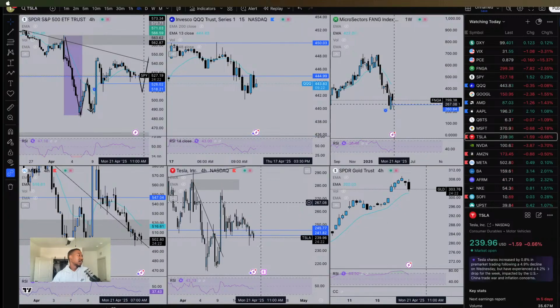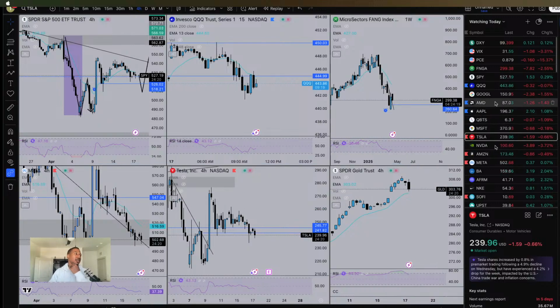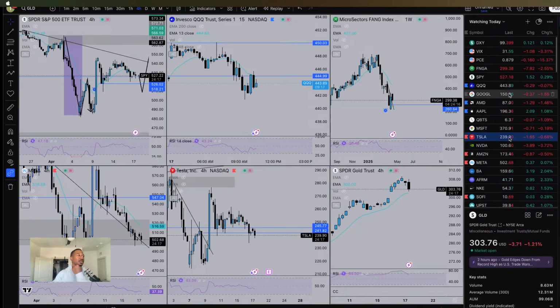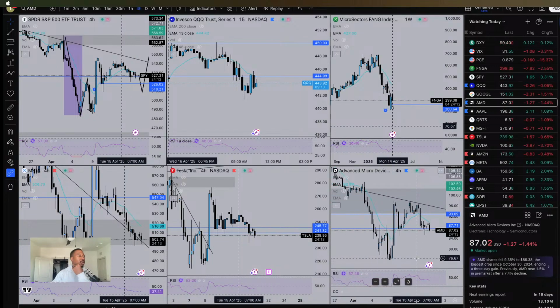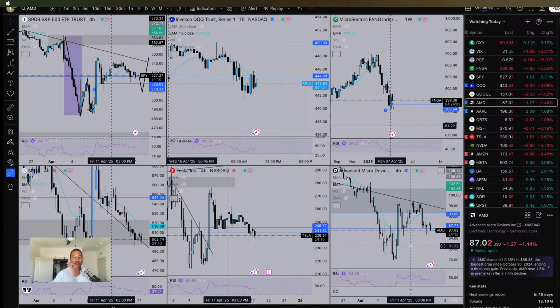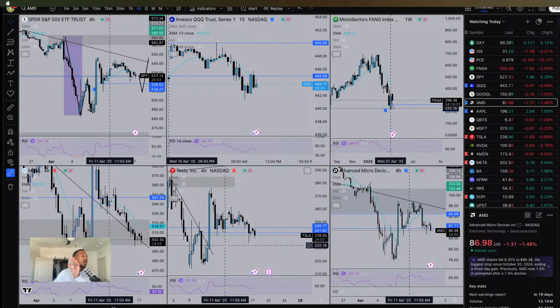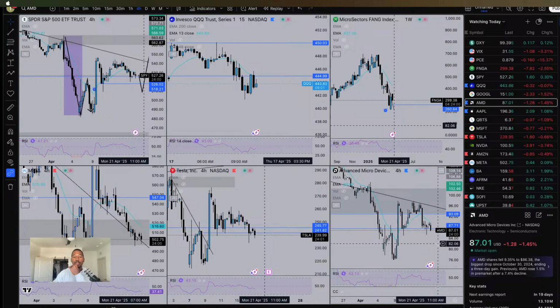Oftentimes, if you look at something like AMD, on lower time frames, a lot of times when I draw supply or demand, it'll open and close below that supply or demand, or above it, and make it look like it's invalidated, but then it'll respect it. It's just different.